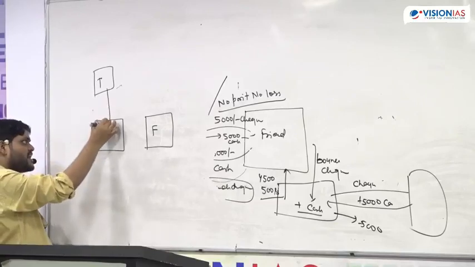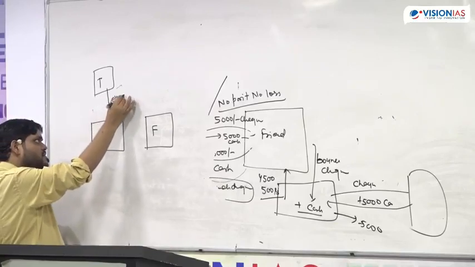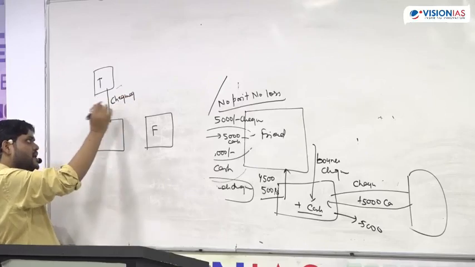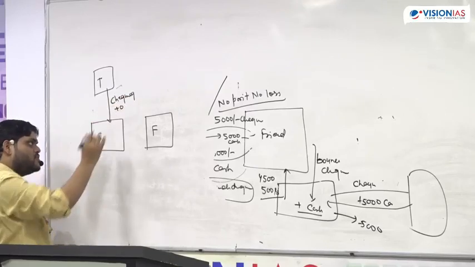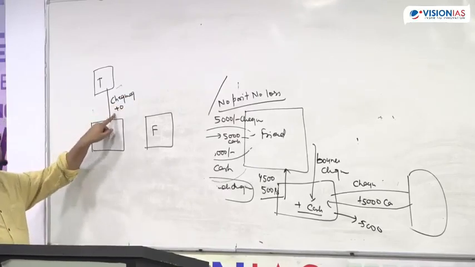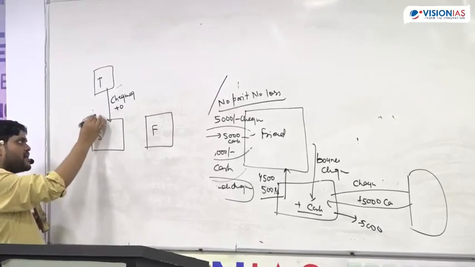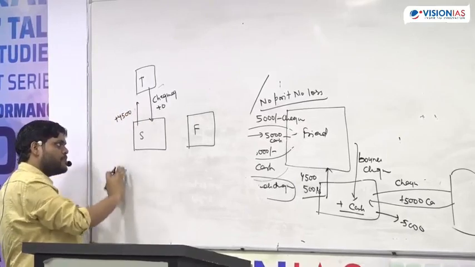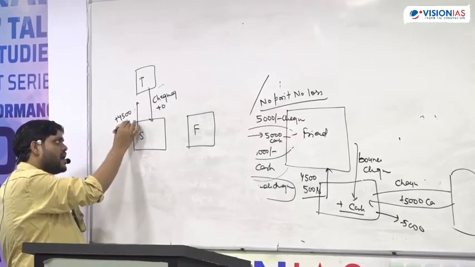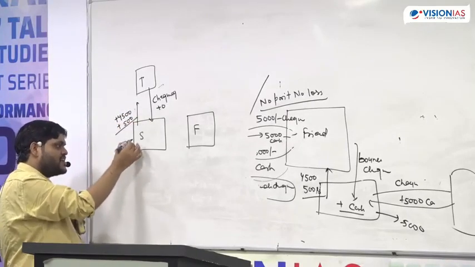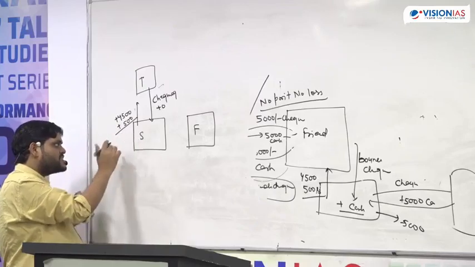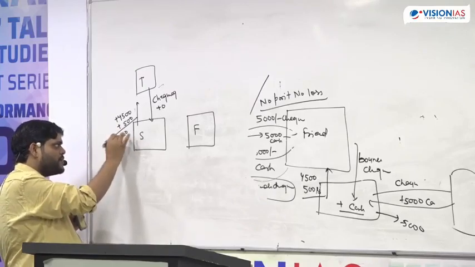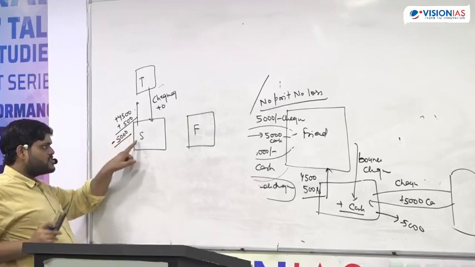Shopkeeper is getting a check, which has zero value. Now what is the shopkeeper giving? Shopkeeper is giving a cycle of 4,500 rupees plus 500 rupees cash. That means shopkeeper is giving total 5,000 rupees.